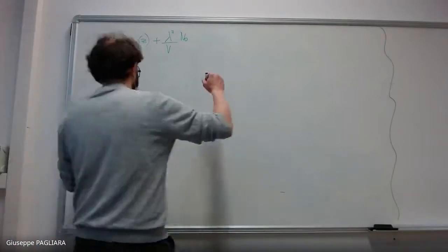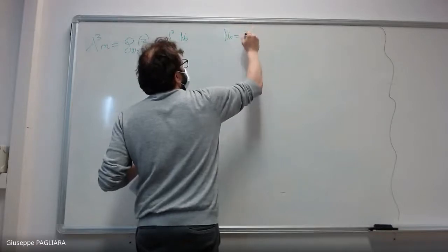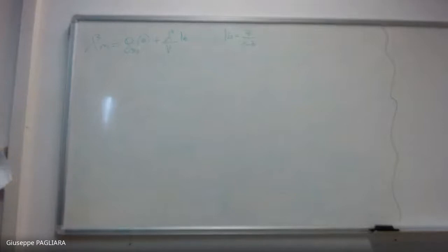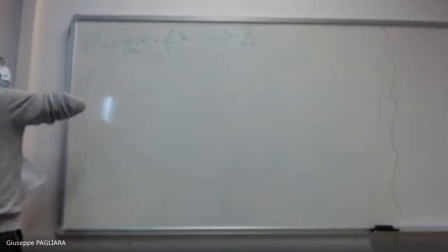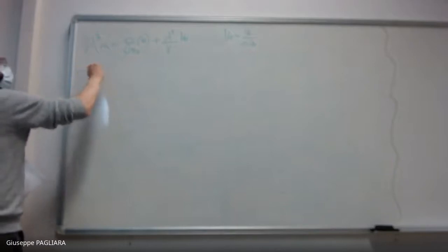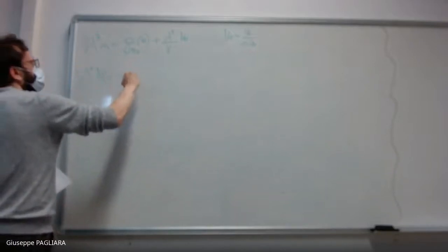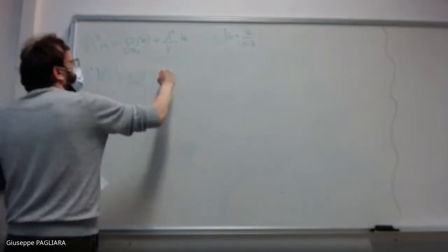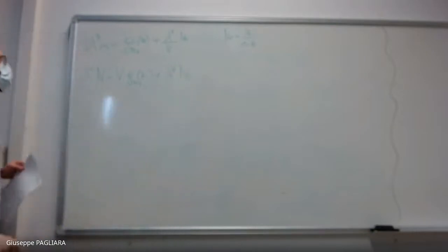Where N_0 is z over 1 minus z. Okay, let me multiply by the volume. So here you will have lambda cubed N, and here you have the volume V g_{3/2} of z plus lambda cubed N_0.